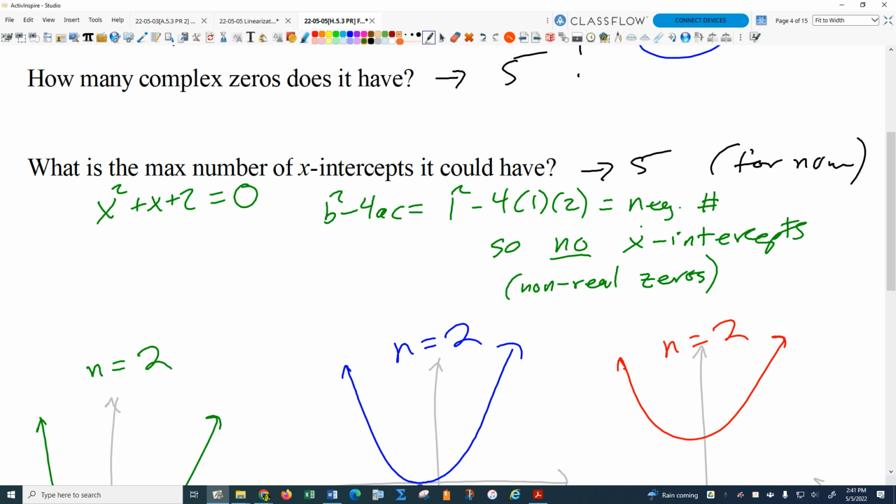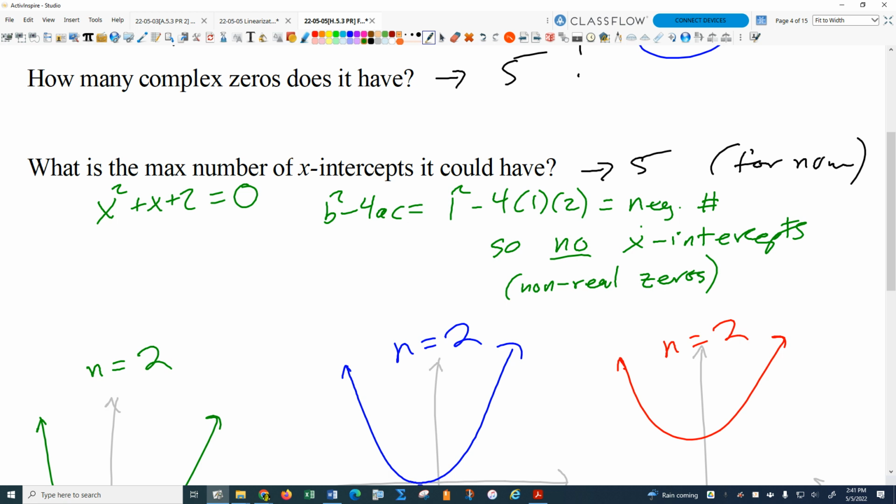Okay, do you see? Now, how did we get non-real zeros here? We got non-real zeros when the discriminant ended up being negative, right? That's the only way it could happen, right? If we're going to solve for quadratic factors, because I can always use the quadratic formula to solve a quadratic equation, every time. Sometimes I can find easier ways, but it always works, right?